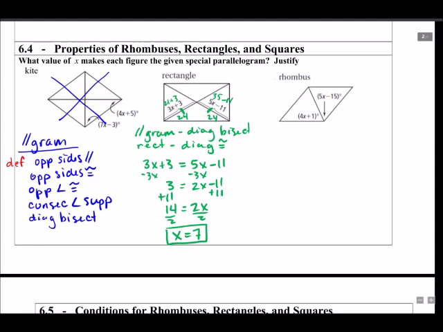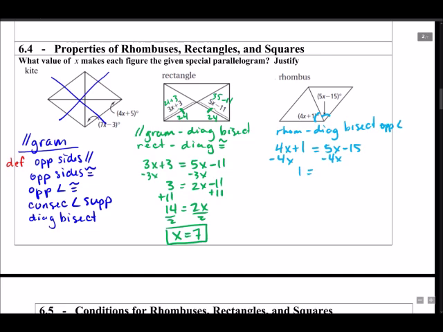All right, and how about a rhombus? Well, what do we know about a rhombus? We know that in a rhombus, the diagonal bisects opposite angles. So that means that this and this are congruent, which allows us to do our algebra. We can say that 4x plus 1 equals 5x minus 15, and then we just do our opposite operations.